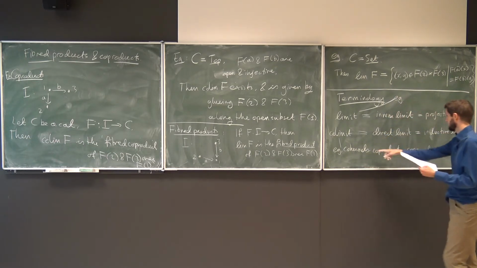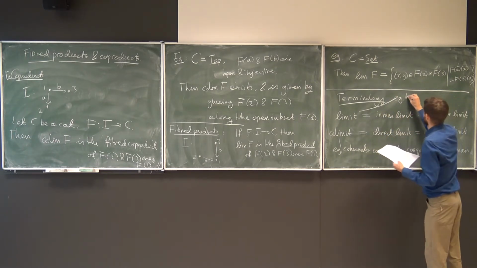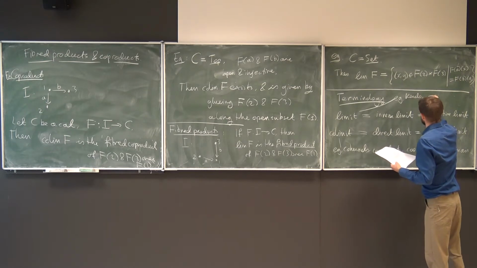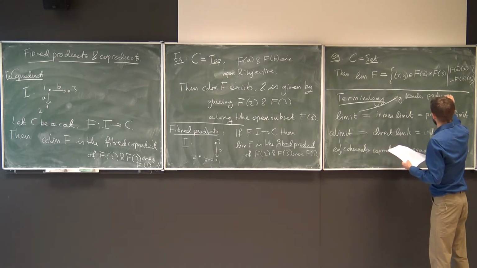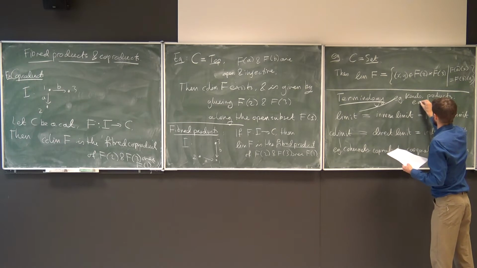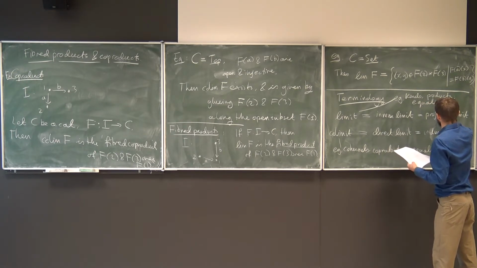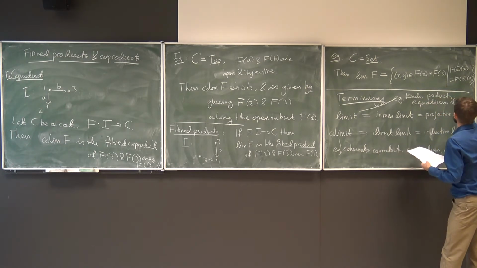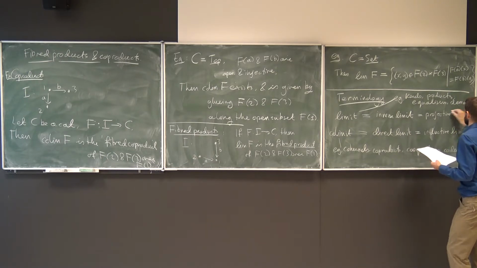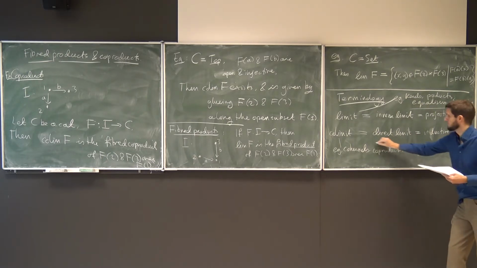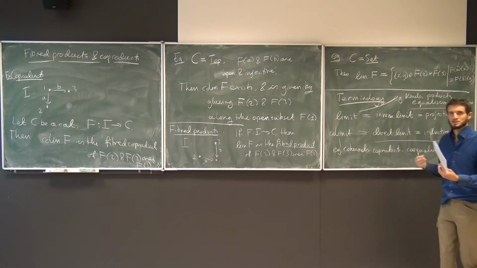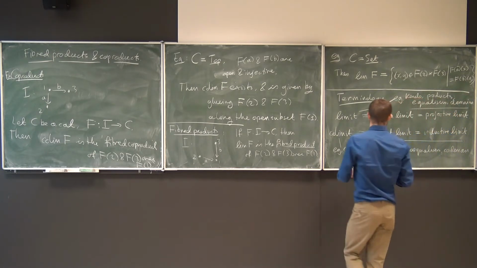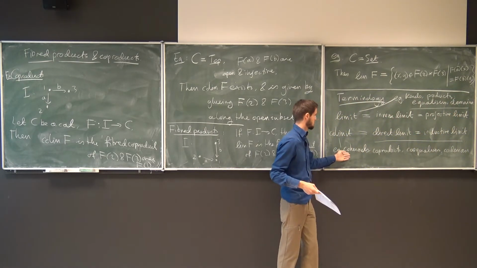Examples of limits: essentially, take all the same things but cross out the co. So kernels, products, equalizers, and domains of functions. The way I remember which is which between limits and colimits is that things that have co in front are colimits.